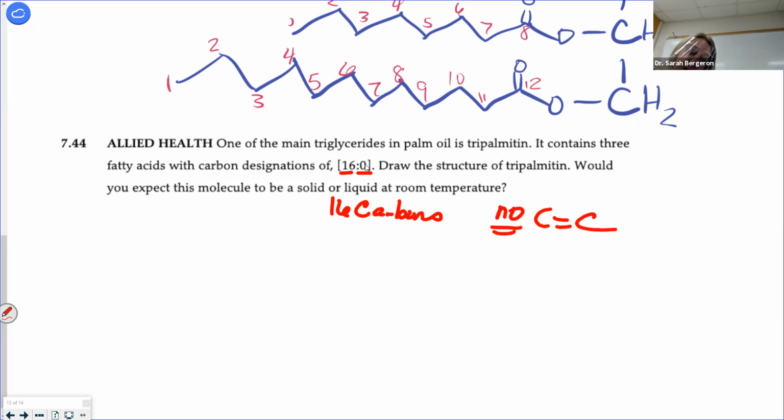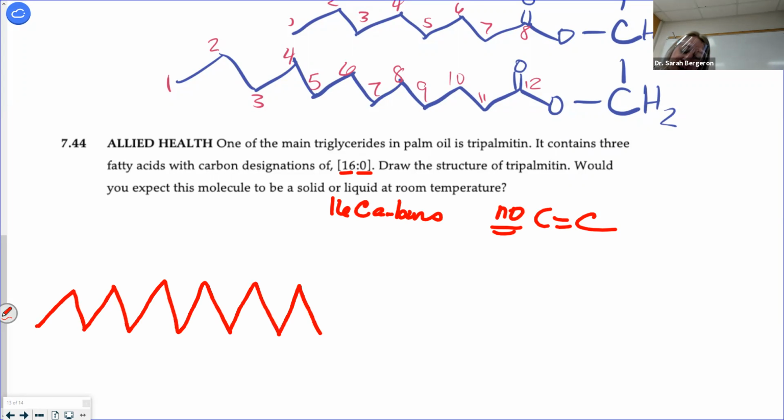So let's start. 1, 2, 3, 4, 5, 6, 7, 8, 9, 10, 11, 12, 13, 14, 15, 16. Okay, so this 16 is going to be my carbon that's participating in the carbonyl. And then I'm also going to be bound to an alcohol. But this is a triglyceride.